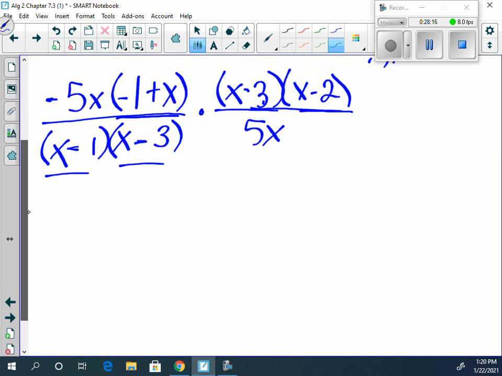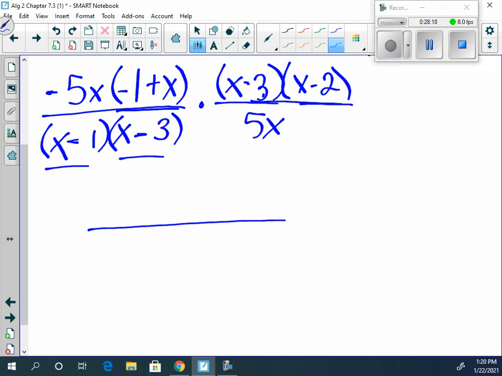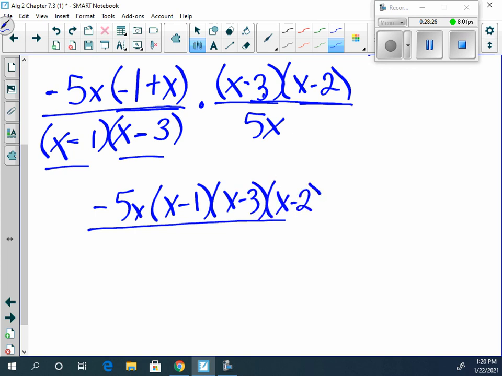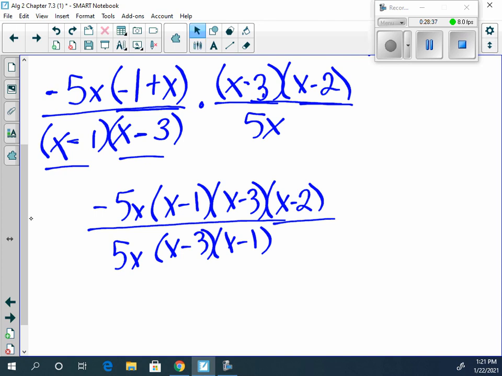Now we can rewrite these. So on top we'd have negative 5x. Here we'd have x minus 1, x minus 3, and x minus 2. On bottom we would have 5x, x minus 3, and x minus 1. So we just kind of written them all together. Now, do we have anything in common on top and bottom?